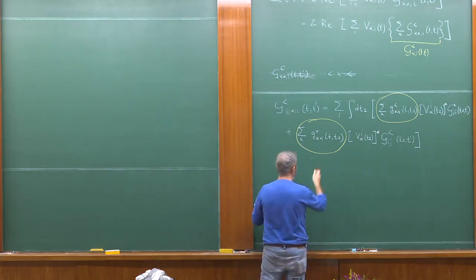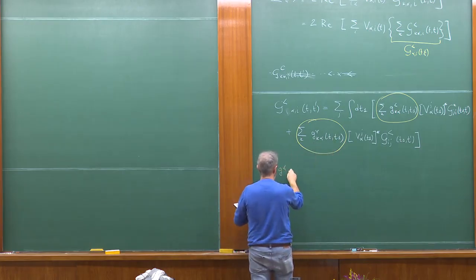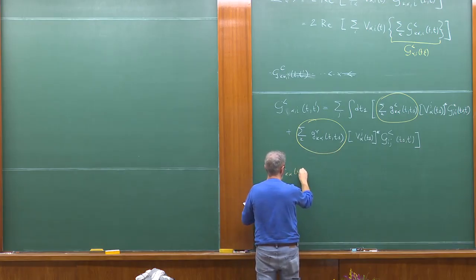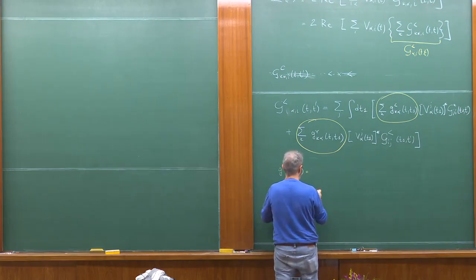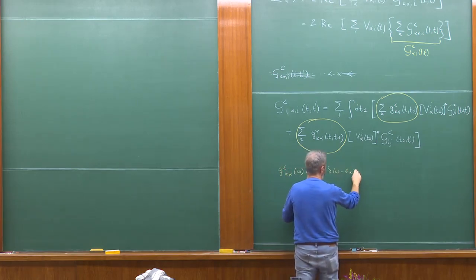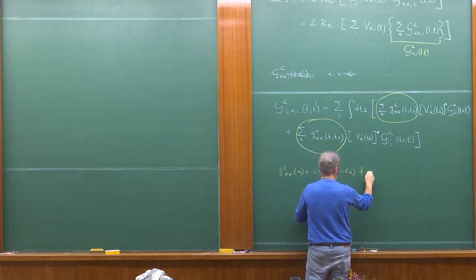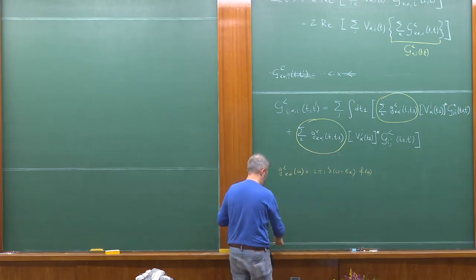Right, so G lesser. Now, G lesser, I told you yesterday what it is. G lesser of omega is equal to 2 pi i delta of omega minus epsilon_k times f of omega. This is what we wrote yesterday.